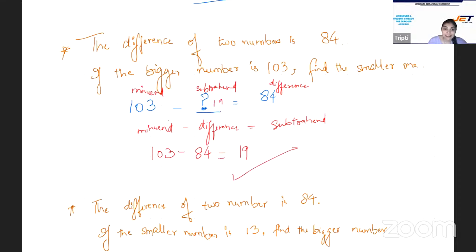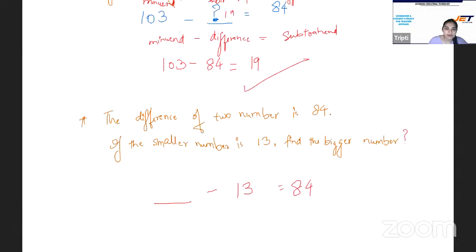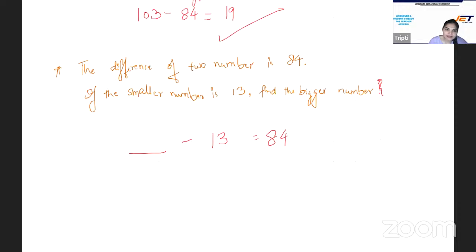Okay. But here, in the second question, if you see, the difference of two numbers is 84. If the smaller number is 13, obviously, the subtrahend is the smaller number. So what is the bigger number? We need to find the bigger number. So this is the minuend, this is the subtrahend, and this is the difference.